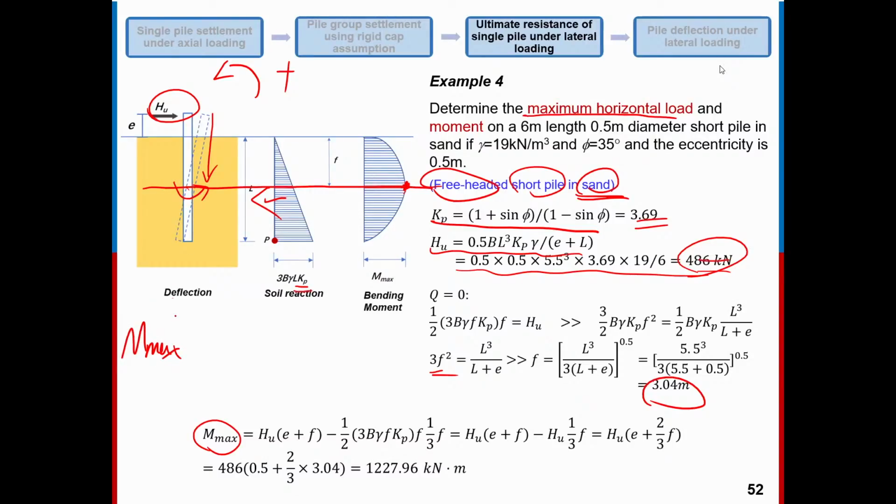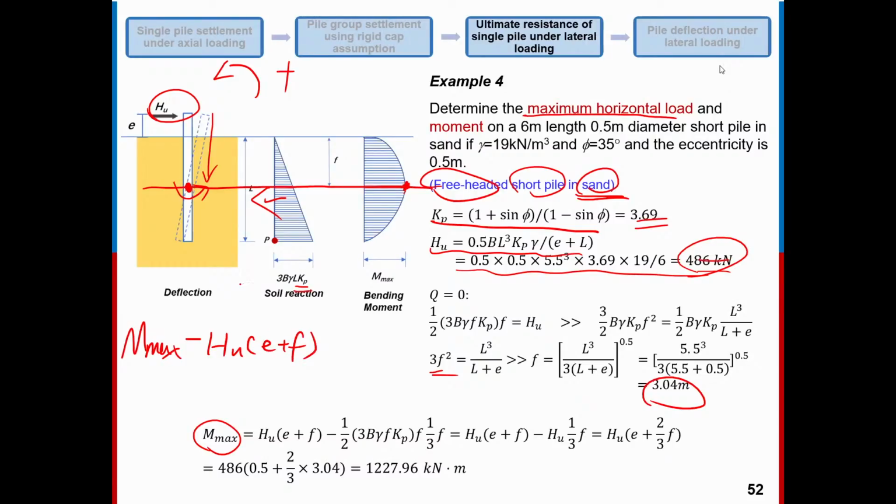We assume it like this. And for this Hu, if we take a moment at this position, the direction of moment is opposite to this M max, right? So we will have minus Hu and multiply E plus F.